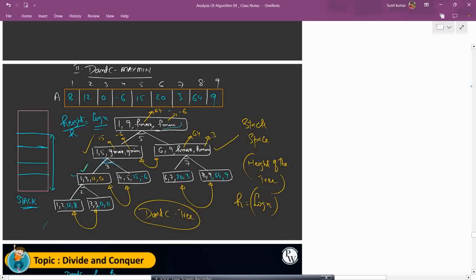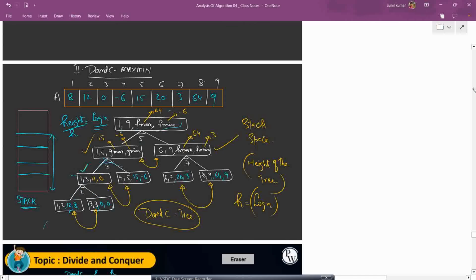Take 1 and 2, and 3 and 3. What is the minimum and maximum in 1 and 2? After comparison, here we compared, so minimum is 8, maximum is 12, and this one is 0, 0. So we combine these two.